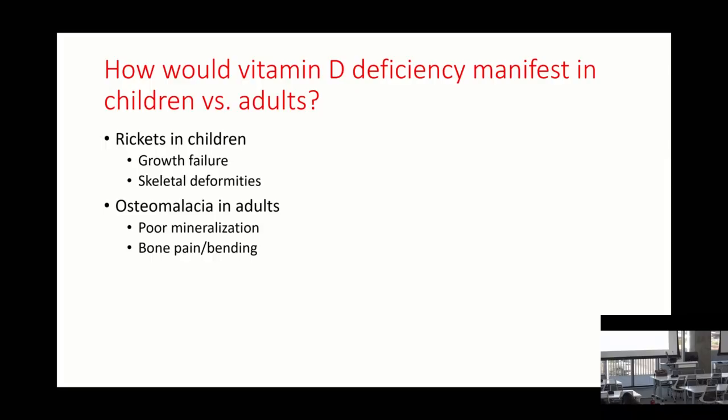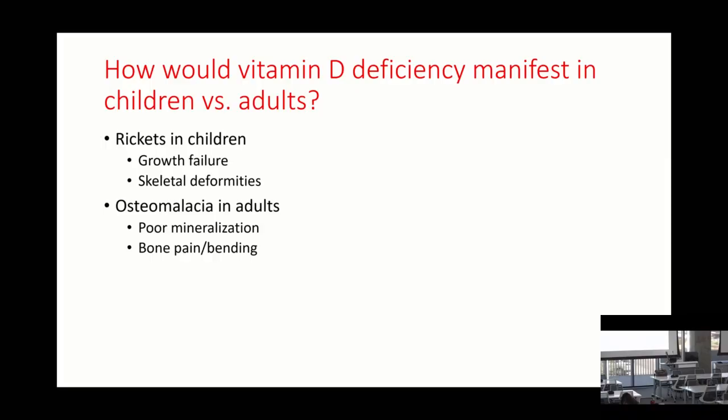And then how would vitamin D deficiency manifest in children versus adults? In children, you have rickets, and in adults, you have osteomalacia. The pathophysiology is similar. The difference is that in children, because the growth plates have not closed, you can have growth failure and skeletal deformities, like bowing of the legs because of the effect of weight on the bones.